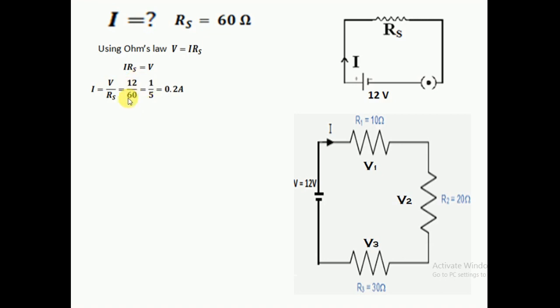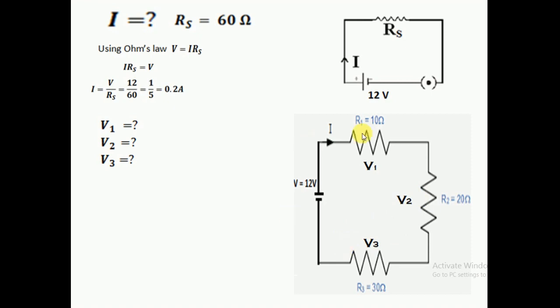If you cancel it by 12, it will be 1 by 5, and if you solve this you will get 0.2 ampere. Now we have to find V1, V2, V3. In this circuit I have written V1 for R1, V2 for R2, and V3 for R3 as the potential differences.